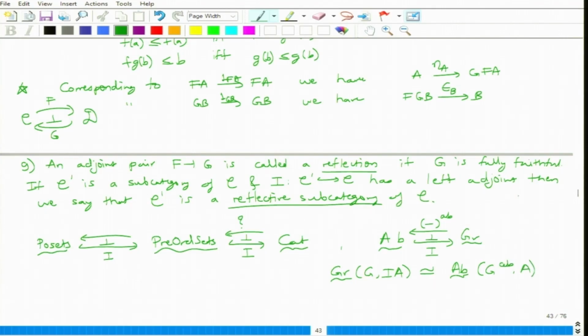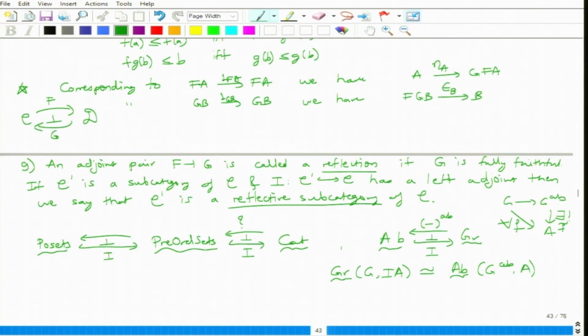Normally we would write something like this. From G to G ab, there is obviously a quotient map. So for all F from G to A, there exists a unique F tilde from G ab to A. This is our bijection, and this F to F tilde mapping is our natural bijection.